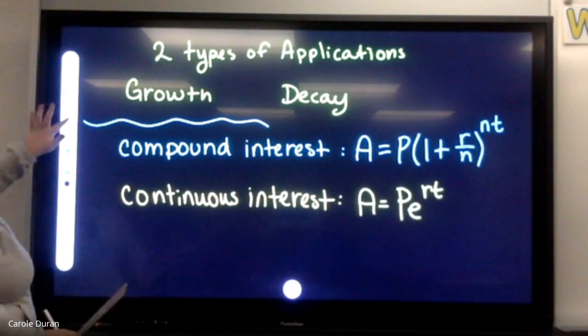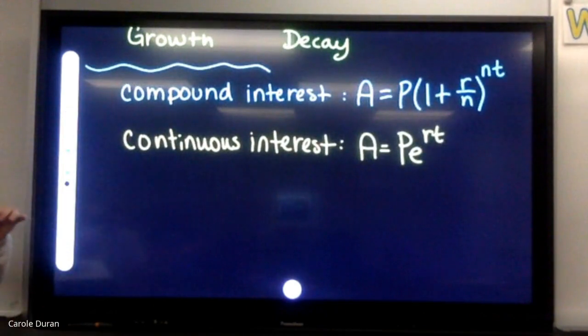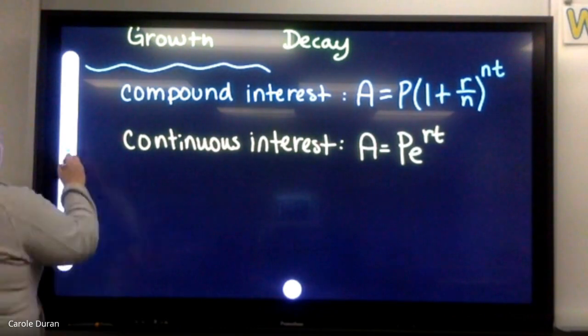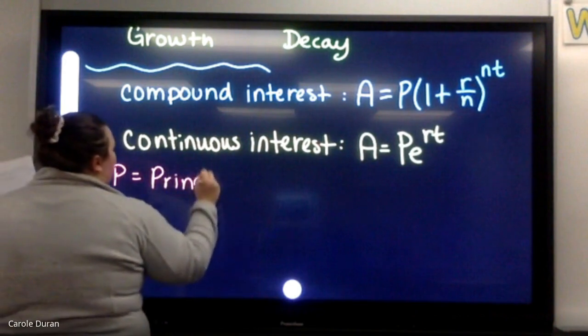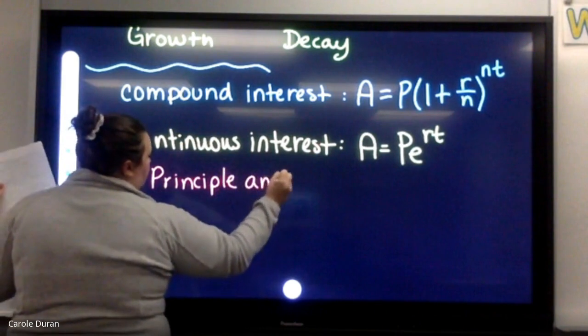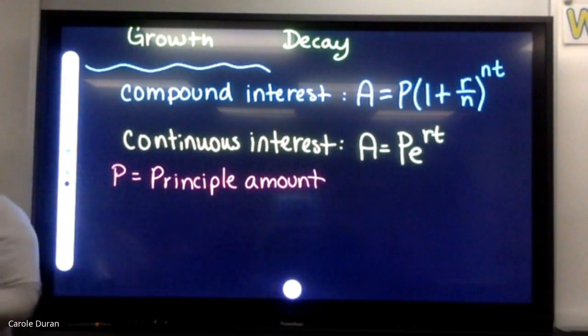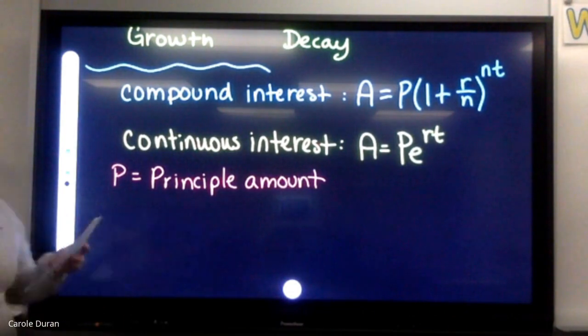For both of these, the P and the R and the N all stand for different things, which I'm about to outline right now. P equals the principal amount, or the amount that we're starting with. So if you are heading into a bank right now to open a bank account and you put $1,200 in, that $1,200 is your principal amount.